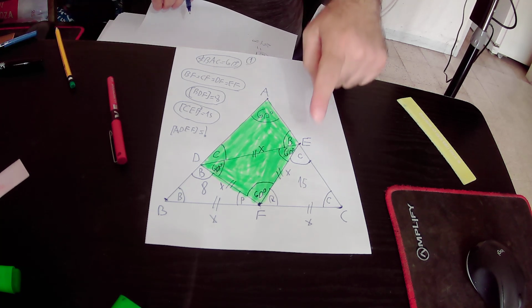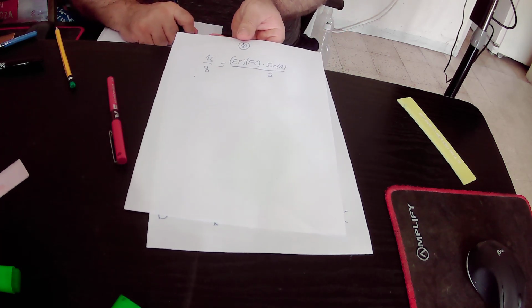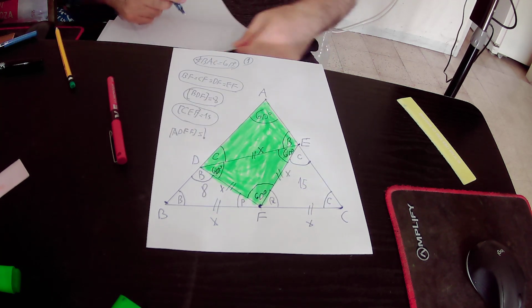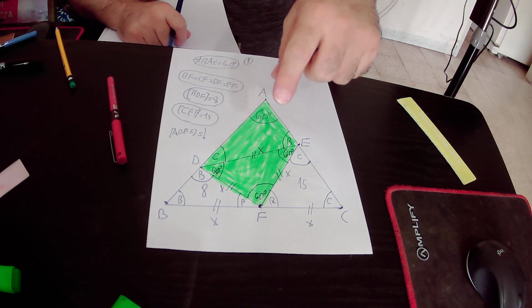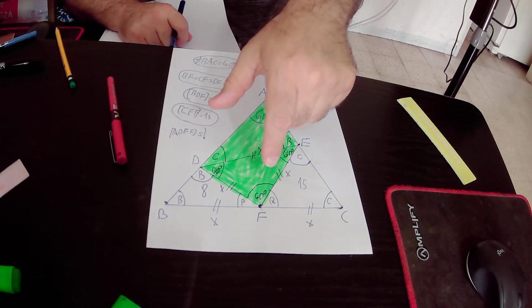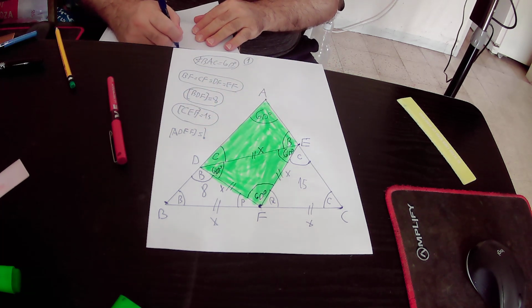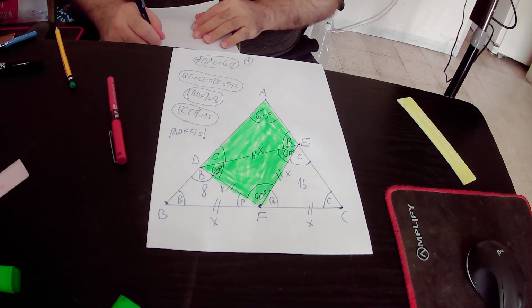Again, the area of the big triangle EFC equals EF times FC times sine Q over 2, and we divide it by the area of the small triangle. So, what is the area of the small triangle? The area of the small triangle equals DF times BF times sine P over 2.